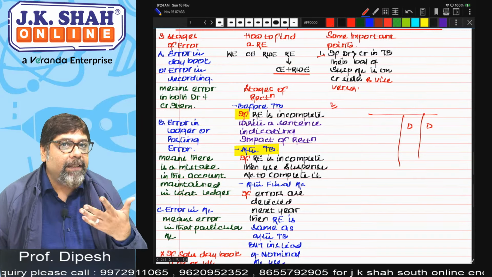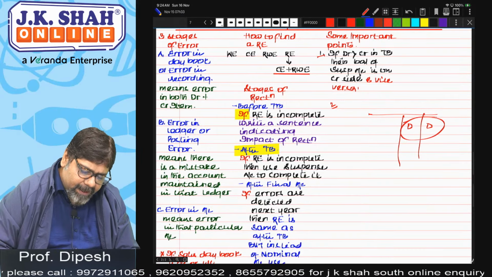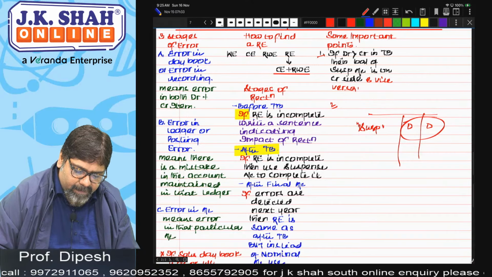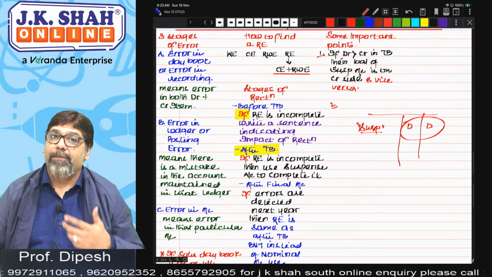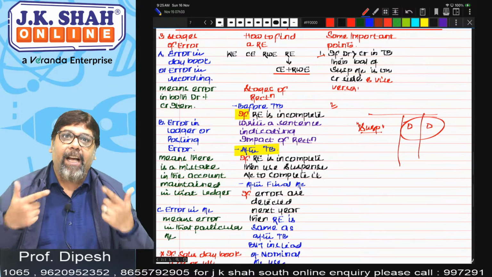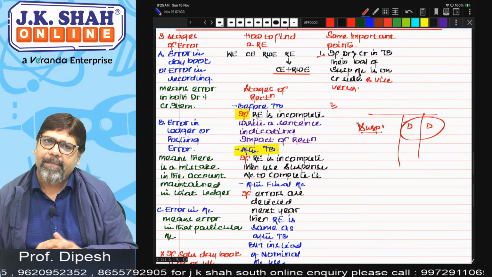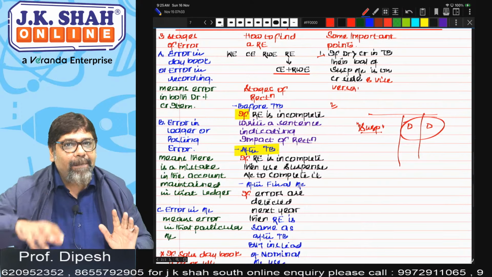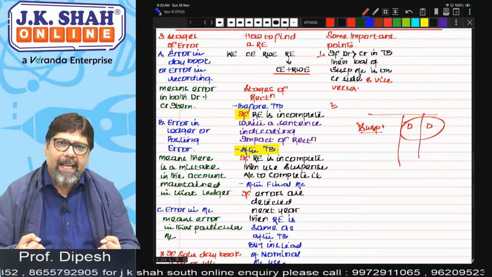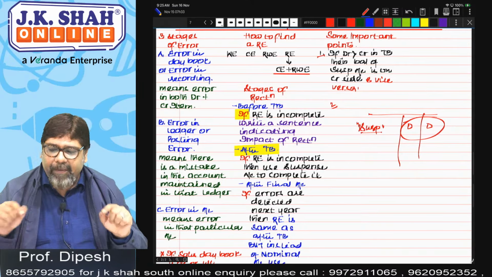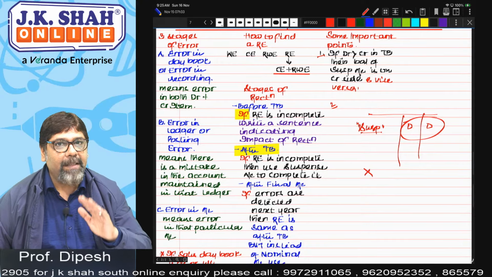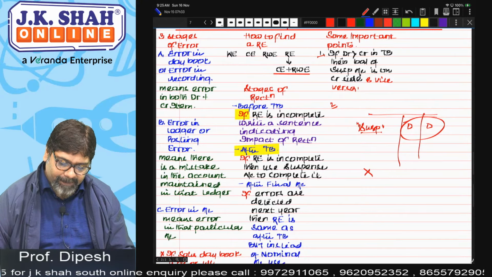We don't know the reason for the difference. Hence, we put the difference to suspense account. Anything we don't know and we have to find out is known as suspense. Then we again go through our books of accounts, find out the errors, rectify them, and hence suspense goes. That means suspense gets nullified.